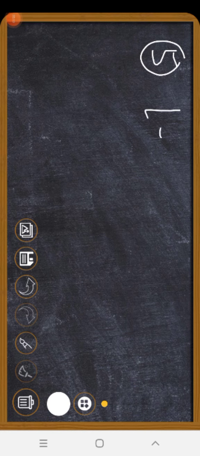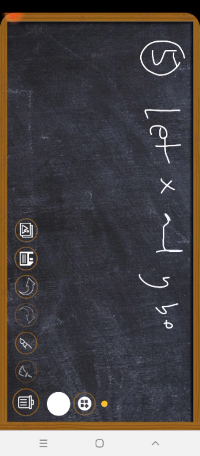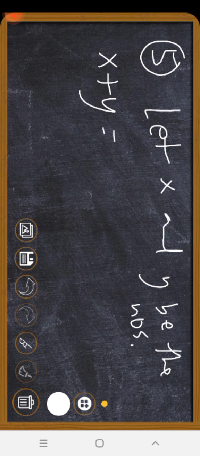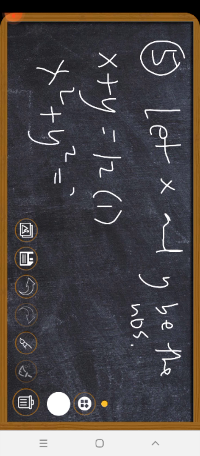Let x and y be our numbers. Then x plus y is equal to 12. That's our equation number 1. Our equation number 2 would be x squared plus y squared is equal to 74.